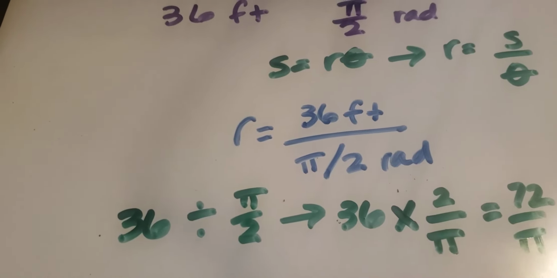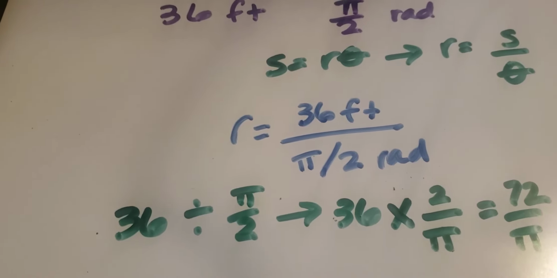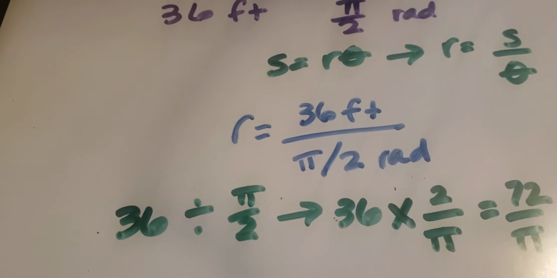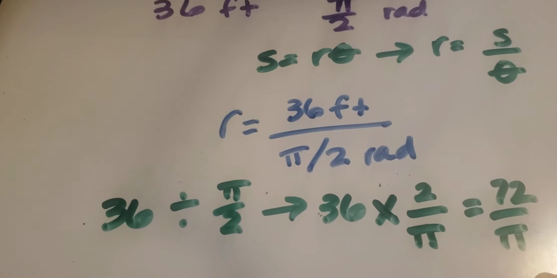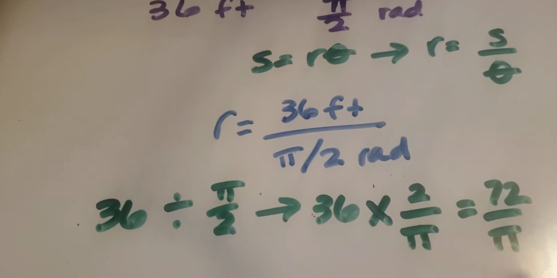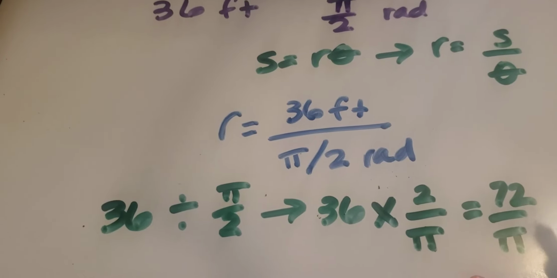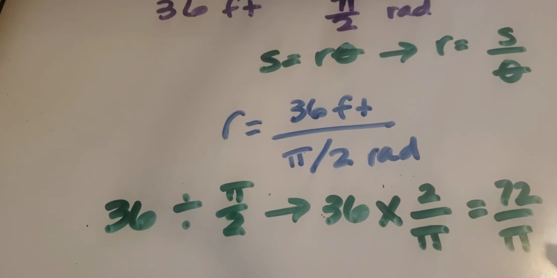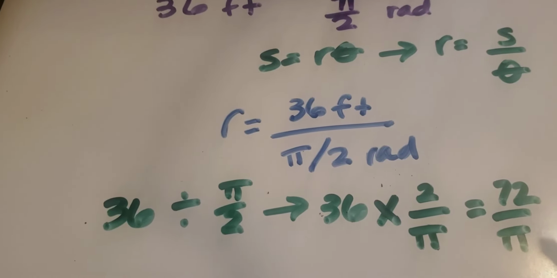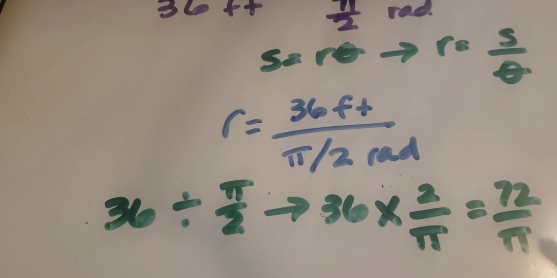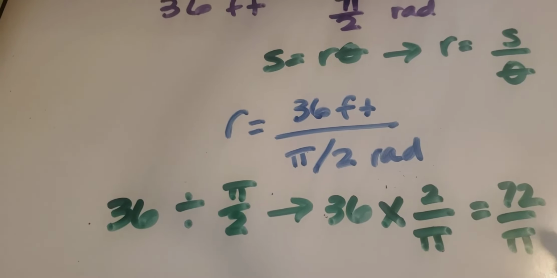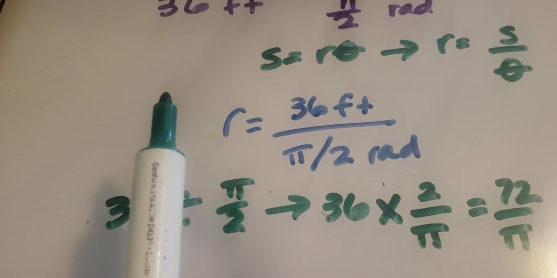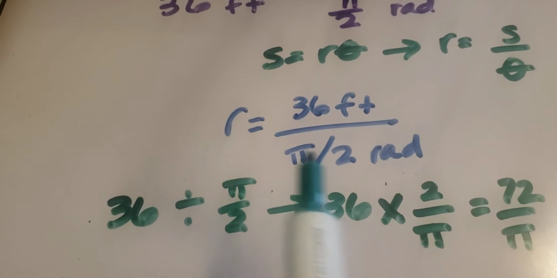So my answer would be 72 over pi. Now, a couple of things I forgot to mention last time is our unit of measurement. For 101, we have 72 over pi, and don't forget our central angle is in radians and our arc length is in feet.